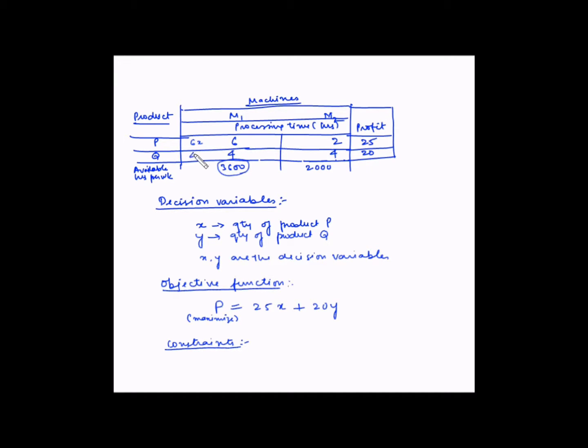So this is our time taken by Y units of Q. So our first constraint becomes 6X plus 4Y is less than or equal to 3600. Now the second constraint that has been given to us is that machine M2 is available for a maximum of 2000 hours in a week.